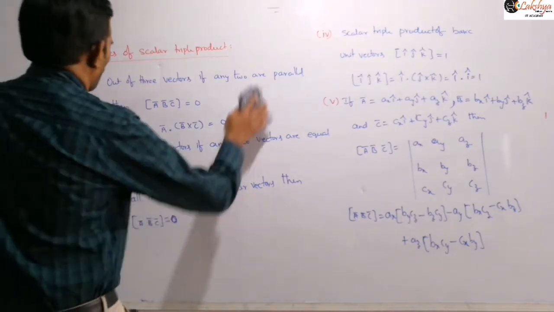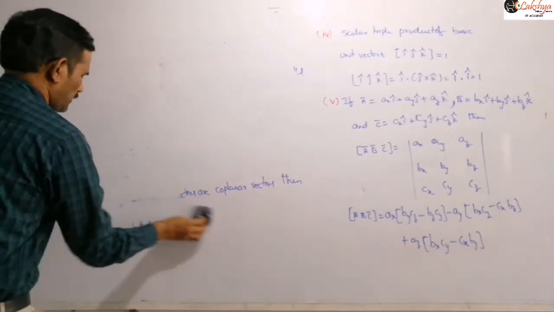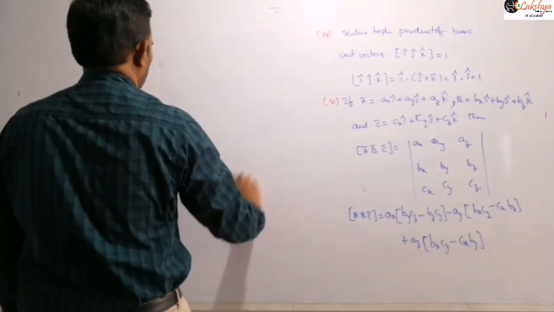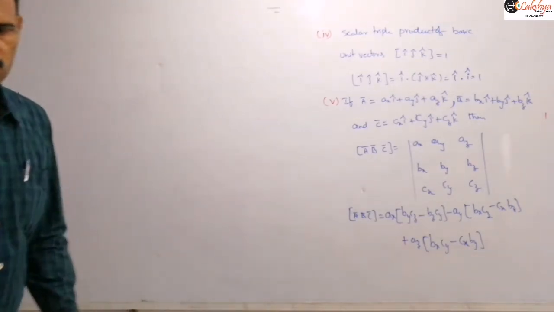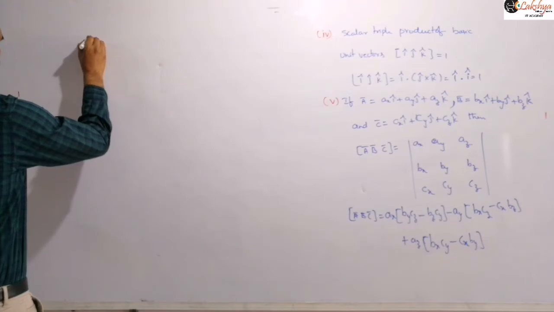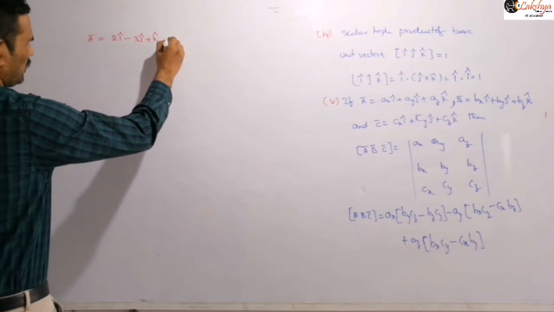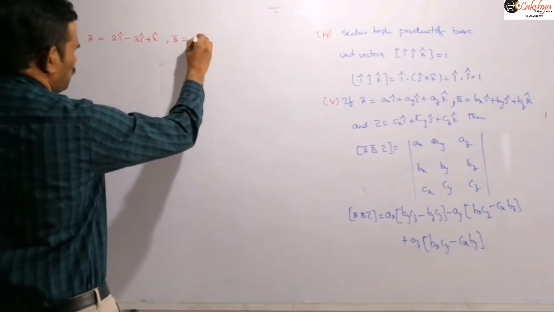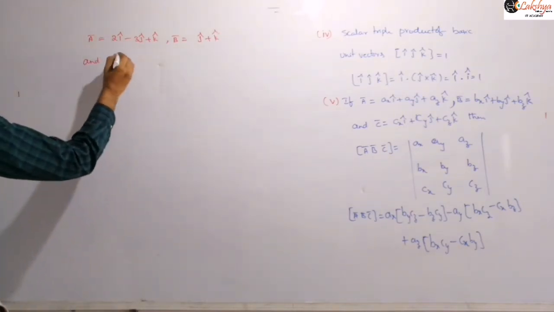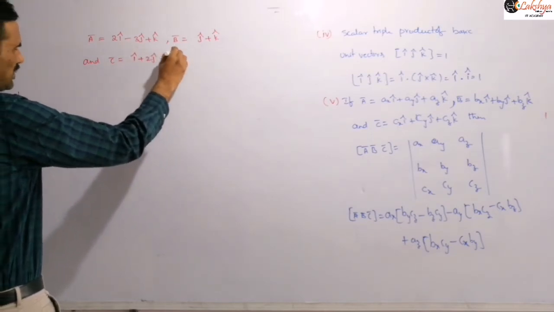And so now let us see one problem based on this. Here I am taking three vectors: a bar is equal to 2i cap minus 3j cap plus k cap, b bar is equal to j cap plus k cap, and c bar is equal to i cap plus 2j cap plus 2k cap.